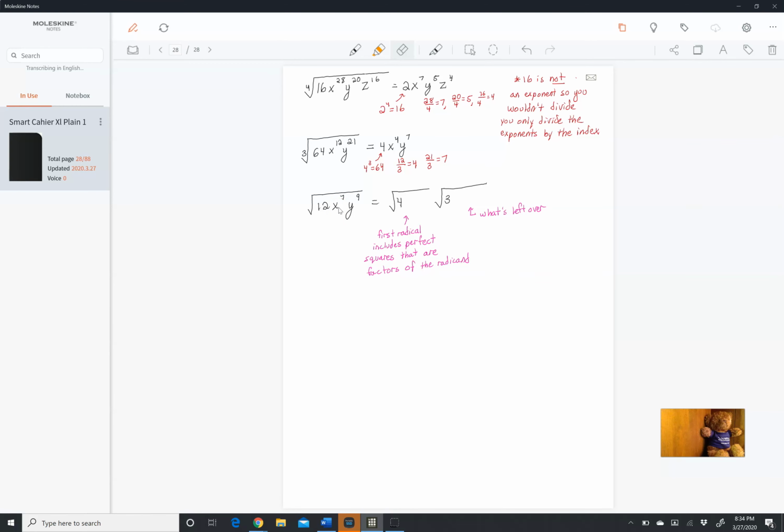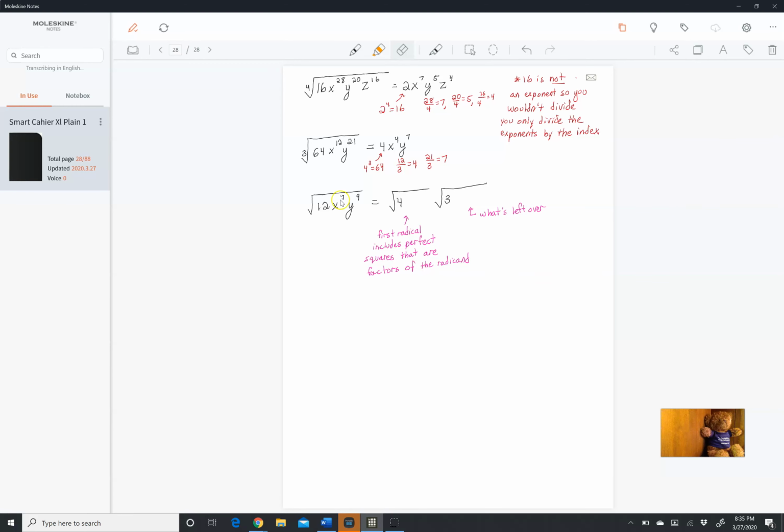So the way that we do this is we want to figure out what's an exponent that's divisible by the index. The highest exponent that's less, or really the highest number that's less than the exponent and divisible by the index. So the highest number that's less than the 7 and divisible by the index, which is 2, we just go down. 7 is not divisible by 2, so we know that we're not going to pull out an x to the 7th.